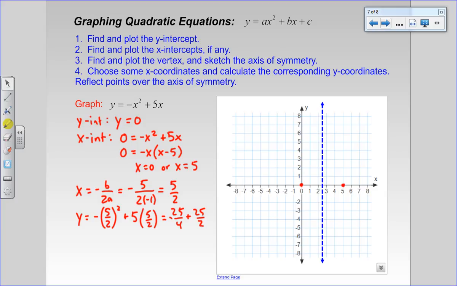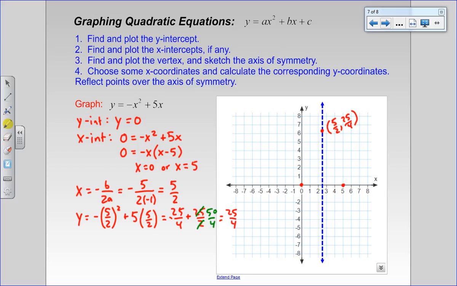To add those two fractions, let's rewrite 25 over 2 as 50 over 4, so it has a common denominator. And then we see that the y-coordinate of the vertex is 25 over 4, which is a little bit over 6. So let's plot that vertex, 5 over 2, 25 over 4, on the coordinate plane.